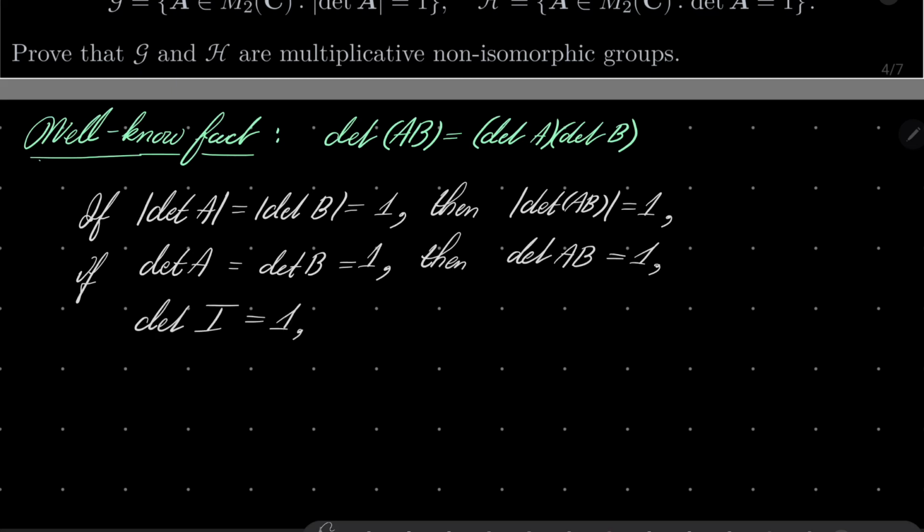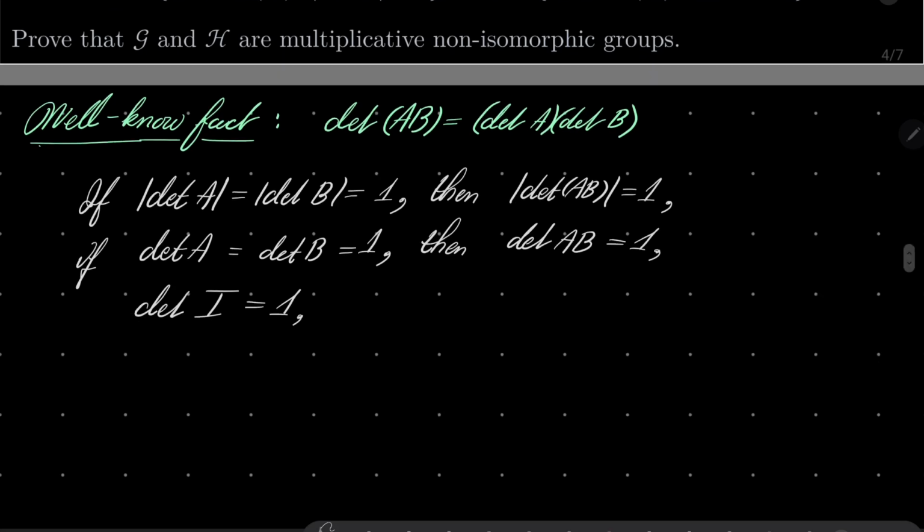And also, if the determinant of some matrix is not 0, then this matrix is invertible.